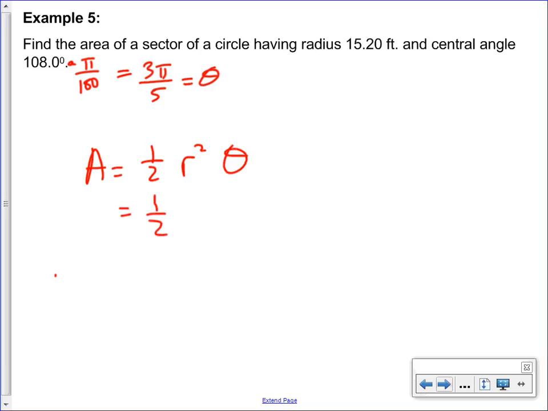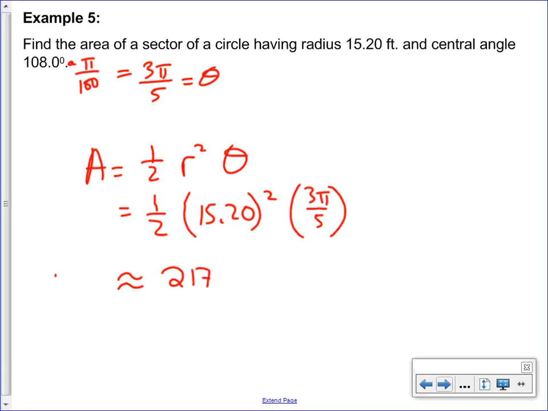Plugging everything in, r is 15.20 squared times 3 pi over 5. You can change all that to decimals if you want. Go ahead and pause the video and calculate it. And you should have gotten 217.8. We're talking about area, so your units are squared, so it's feet squared.